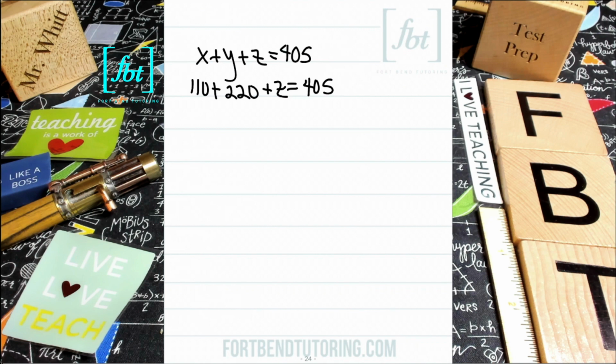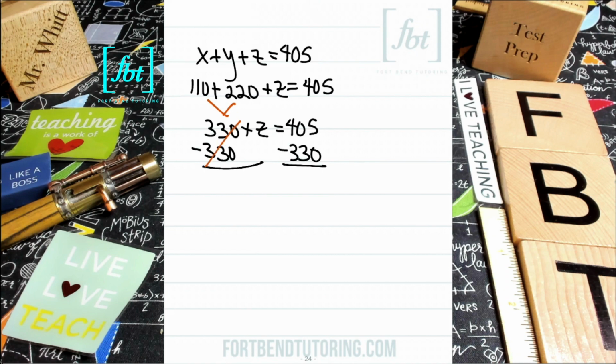Going ahead and combining our terms on the left side, you'll add 110 to 220 to get 330, plus z will equal 405. Subtracting 330 from both sides of our equation, the 330s will cancel out. We'll bring down z, which equals 75. And this tells us our number of seniors that attended the theater.